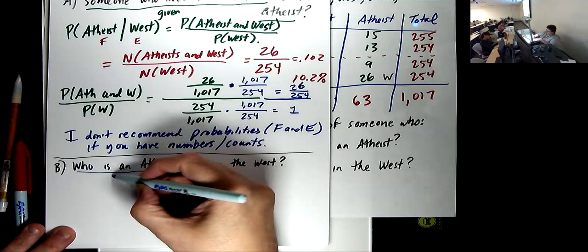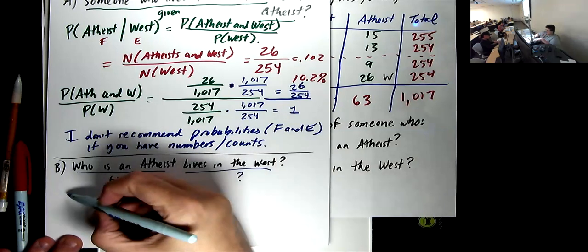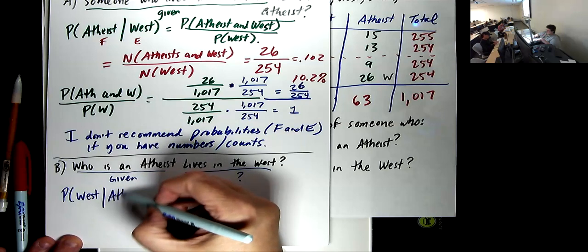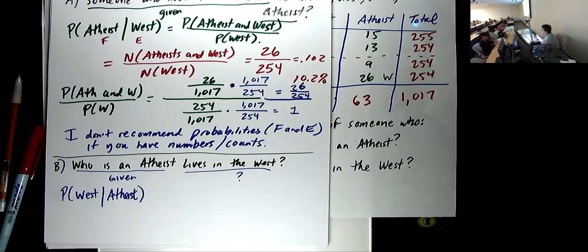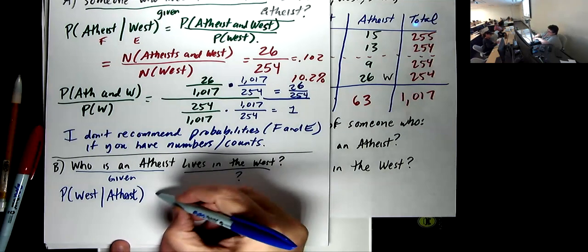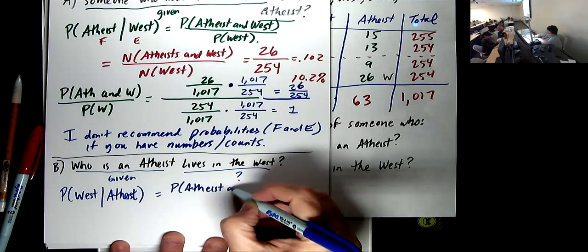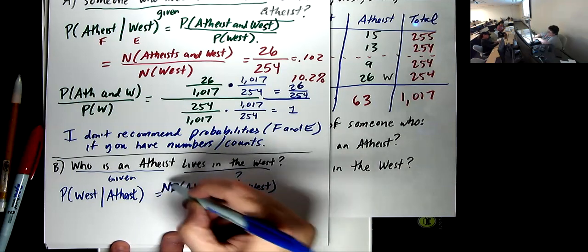This is my given piece, and this is what we're checking on. So here we have the probability of West given atheist. The top ends up being the same: the probability of atheist and West. And we already said we didn't want to use probability, so I'm gonna change that to an N right now.